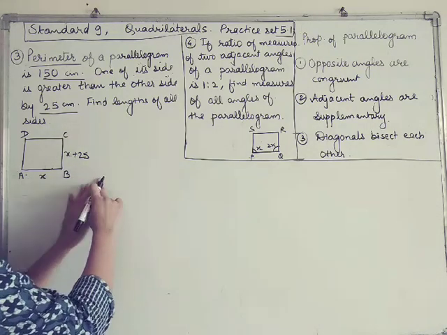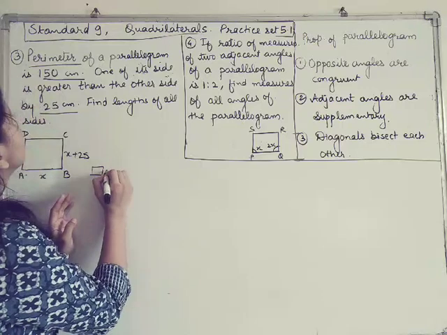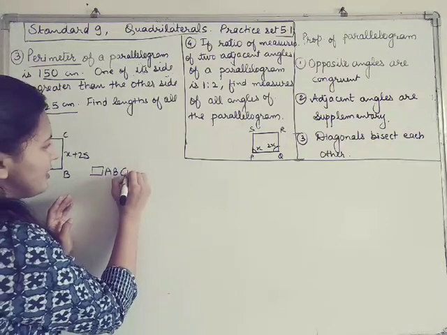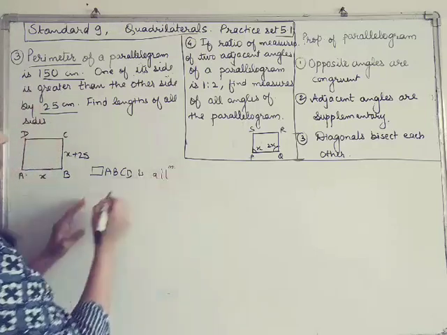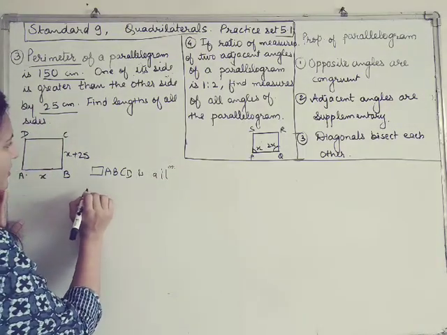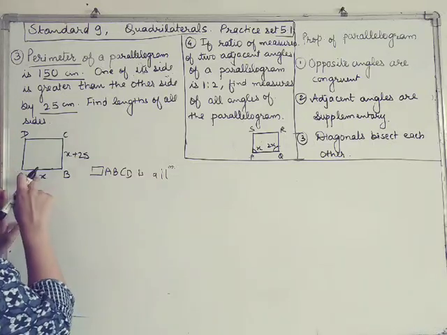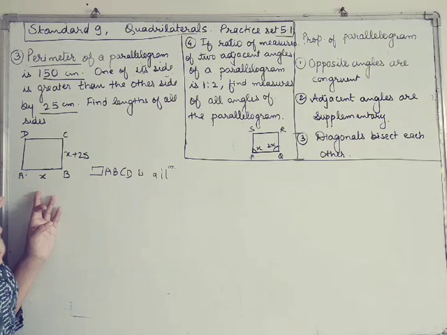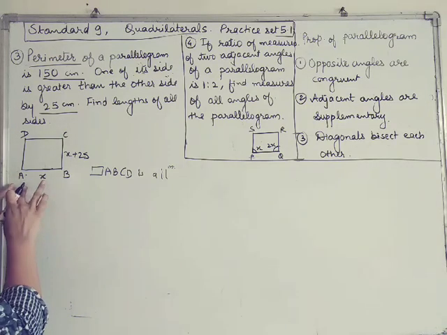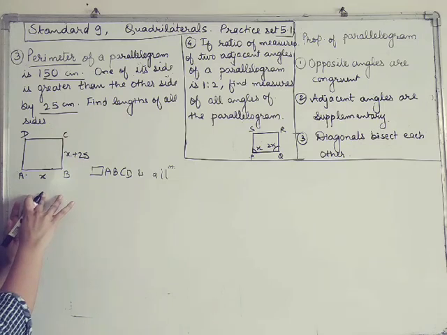So ABCD is a parallelogram and perimeter of the parallelogram is 150. Perimeter means sum of all sides.